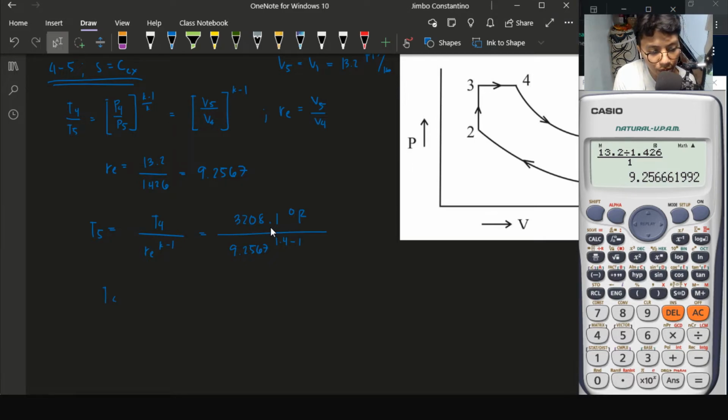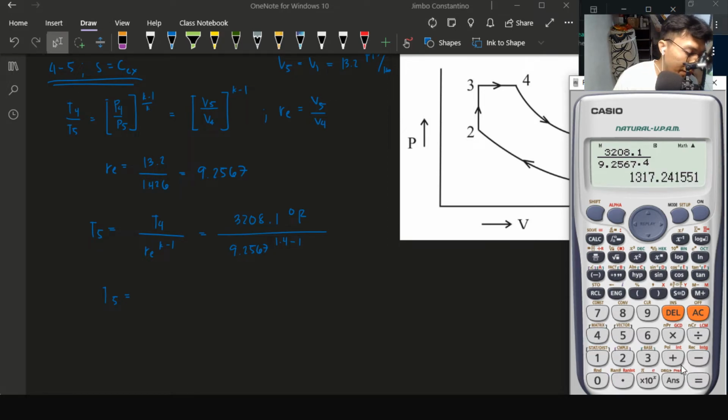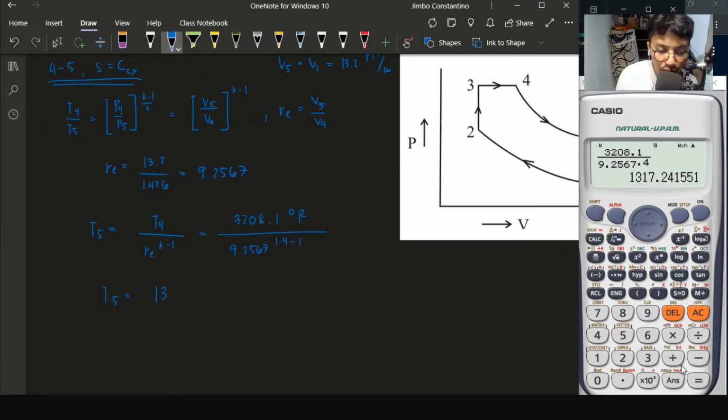So, T5 is equal to 3208.1 divided by 9.2567 raised to 0.4. T5 is 1317.2416 degrees Rankine.